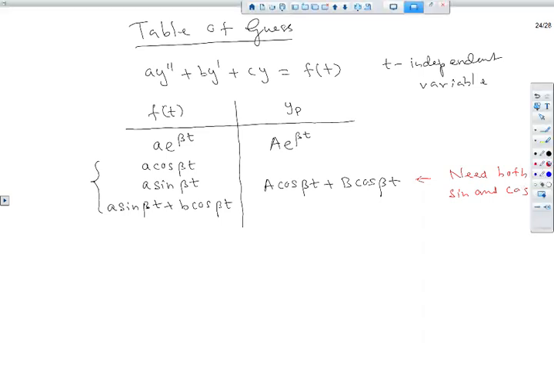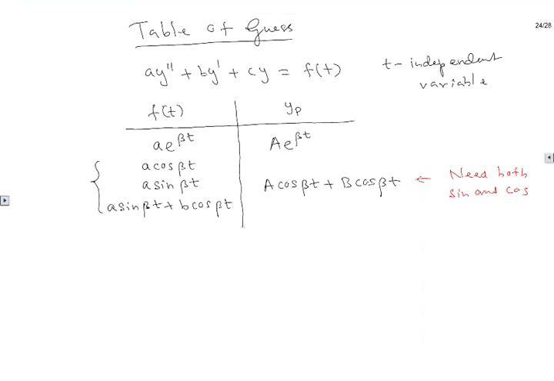And then the last type is what we call an nth degree polynomial. If you see an nth degree polynomial, what you're going to write is simply a constant times t to the n, another constant times t to the n minus 1, like that.